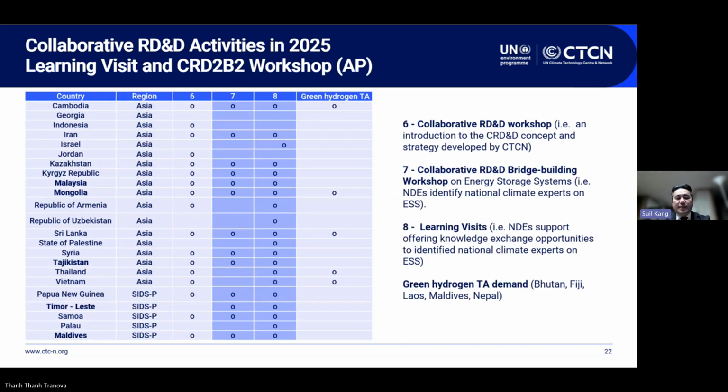Okay. For example, from the participation survey in the Asia Pacific region, these are the countries that responded to the survey. Number 6 is the cRD&D workshop, 7 is the cRD2B2 workshop, and number 8 is the learning visit.